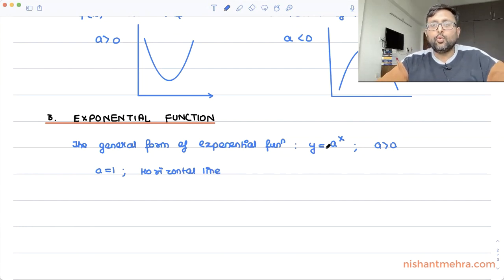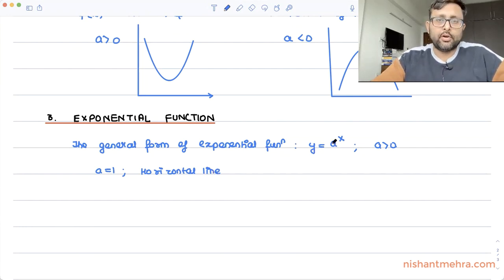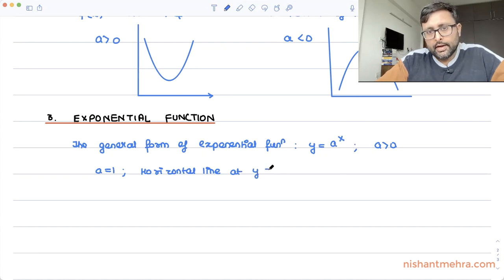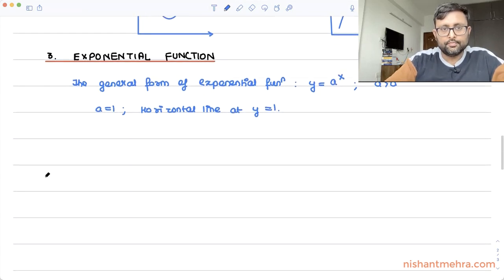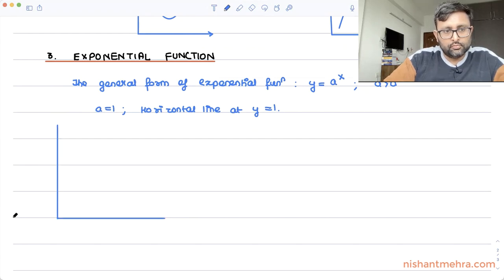If it is y is equal to 1 to the power of anything, whatever, 2, 3, 4, 5, it is just y equals 1. It is a horizontal line at y equals 1, right? But apart from that, there are two cases.